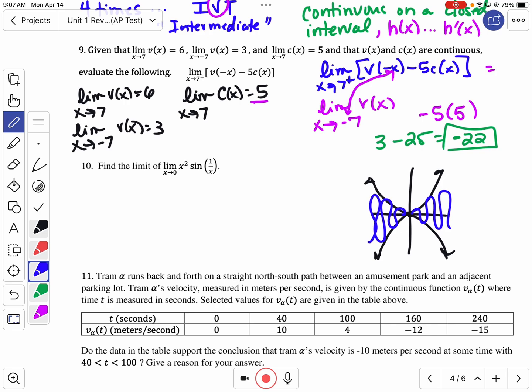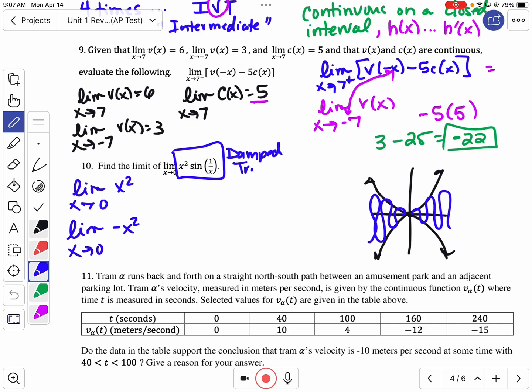So we can switch this and take the limit as x approaches 0 of x squared, and the limit as x approaches 0 of negative x squared. This is about knowing that this is a damped trig function, and to do that, we use the squeeze theorem.